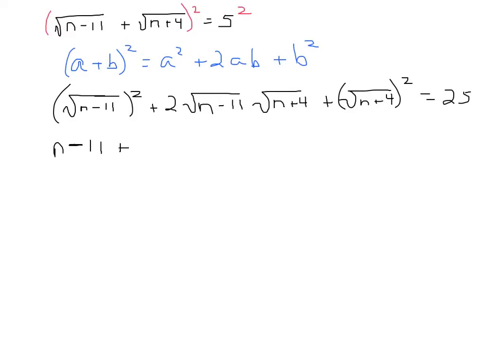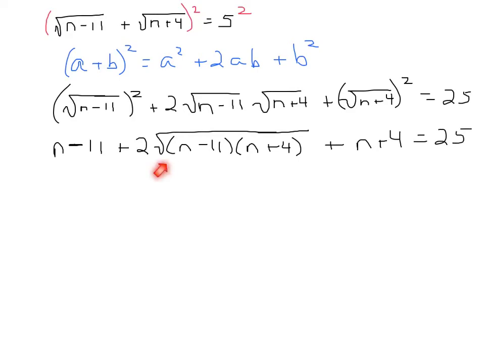In the second case, we're going to have 2 times, and we can combine, n minus 11. And remember, this is a product. They're being multiplied, not added. And then in the last case, we just have n plus 4.